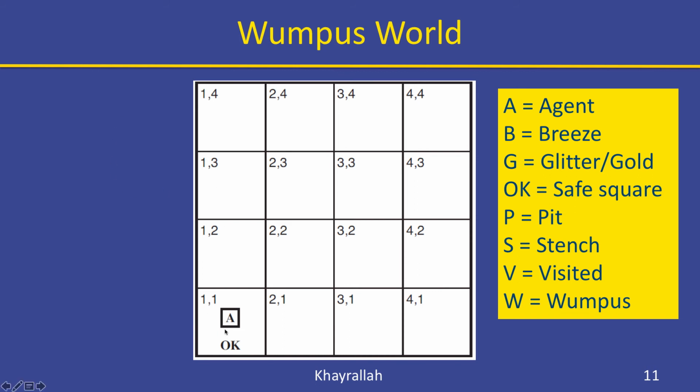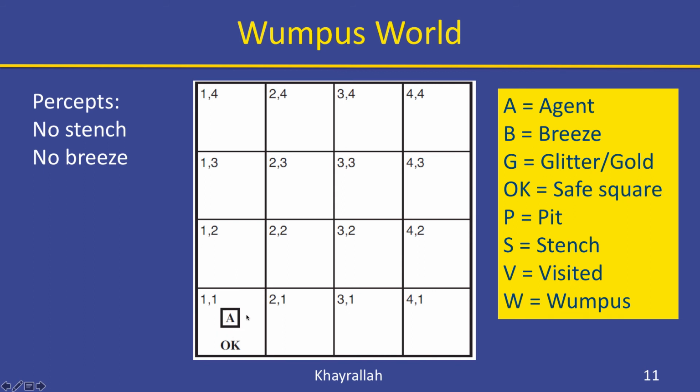So our agent here is denoted by the A, and when our agent is in a room that's safe, we'll denote that with OK, meaning that this room is safe for our agent. Now let's say that in this state, our agent's percepts tell it that there's no stench in room 1-1, and there is no breeze. What can we then deduce about room 1-2?